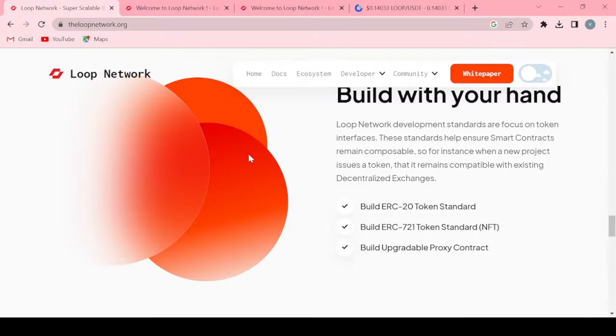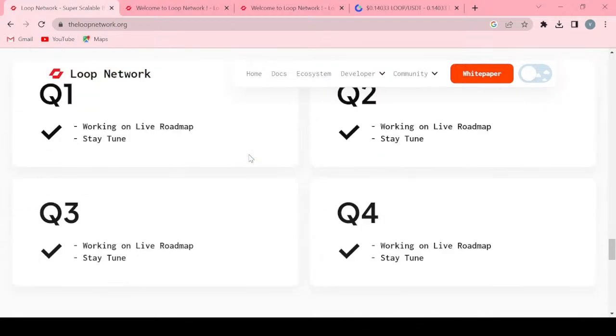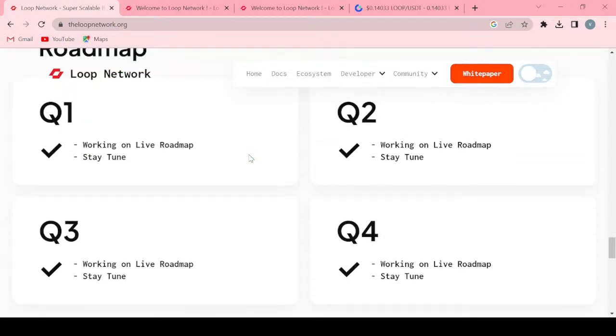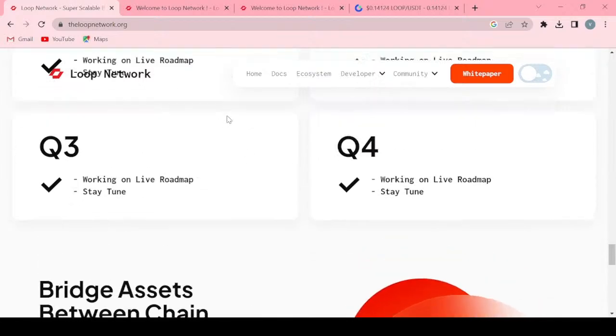For instance, when a new project issues a token, it remains compatible with the existing decentralized exchanges. And here you can see the roadmap of the Loop Network, which is a live roadmap, and everything is working on the live roadmap. The roadmap is not even given yet.